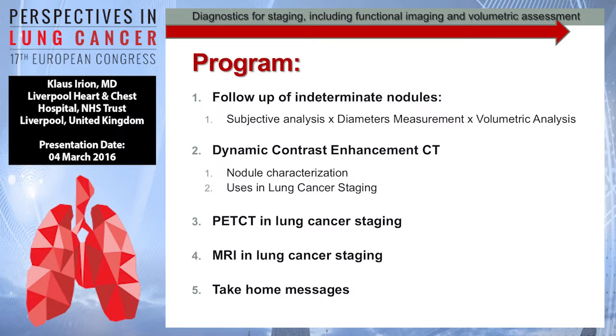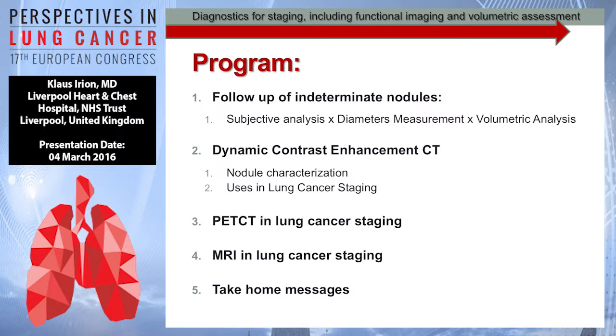The first thing will be regarding the follow-up of indeterminate pulmonary nodules, regarding whether you should use subjective analysis, diameters or volumetric analysis, and what is recommended for us to follow. We are going to briefly review dynamic contrast enhancement and its uses.